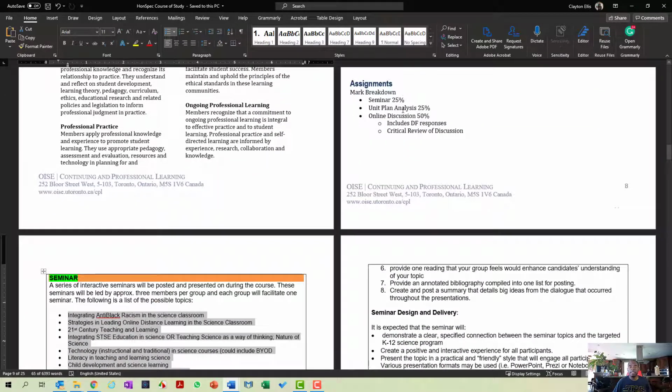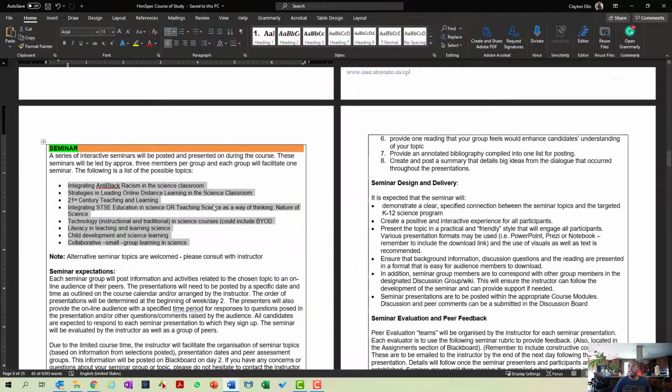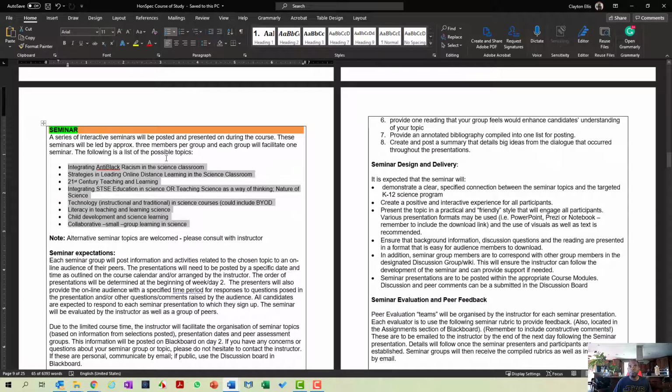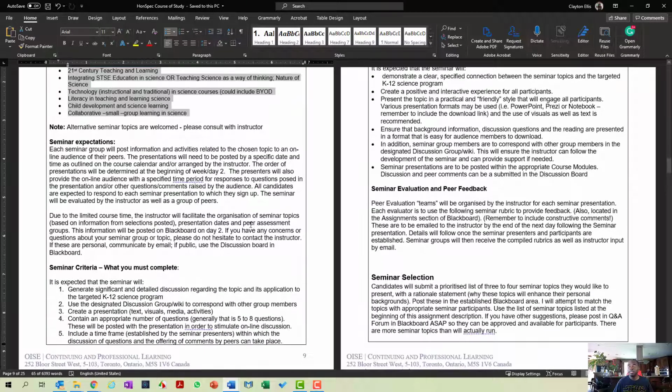You'll see the assignments that are associated with this course. They include a seminar, a unit plan, and a discussion, which is really the main bulk of our course over the next 3 weeks. As you go further down, you'll see more detailed information about the seminar and what it entails. I will talk about each of these in just a bit more detail, not too much because you can read this, but this is where you look at the instructions initially.